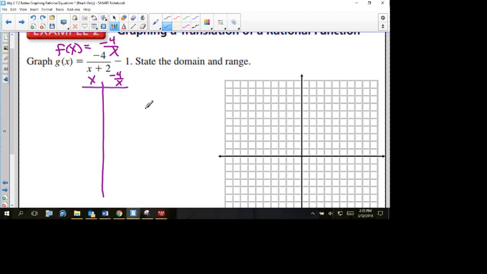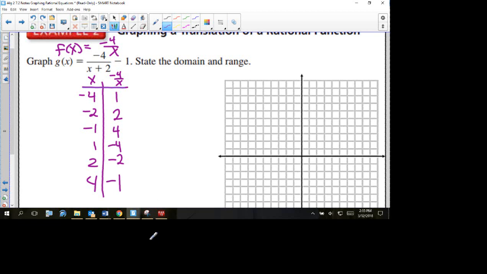What can I pick for x? Negative 4, negative 2, 1, 1, 2, 4. And I'll put those in. I'm going to get 1, 2, 4, negative 4, negative 2, negative 1. So that'll be my parent function.